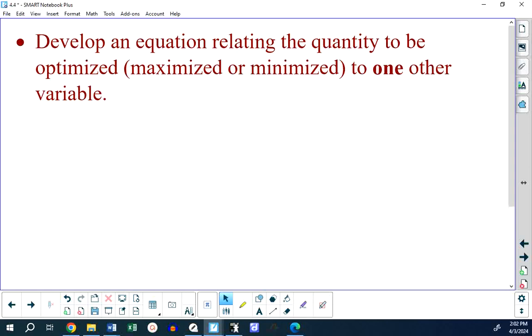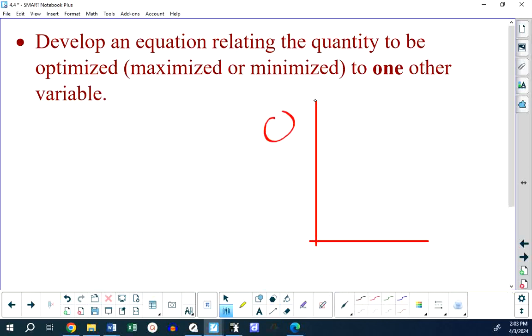Your job, in order to find out where that happens, is to imagine a graph. I'm not saying you have to physically sit there and imagine it, but you have to be able to find the connection between this function we're talking about and this variable, which I'm going to call O, that you want to optimize.